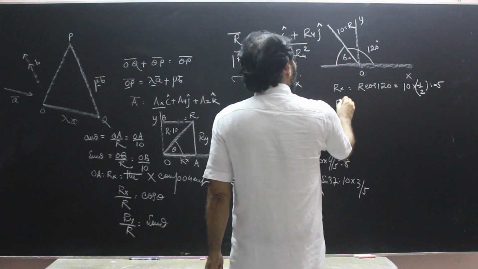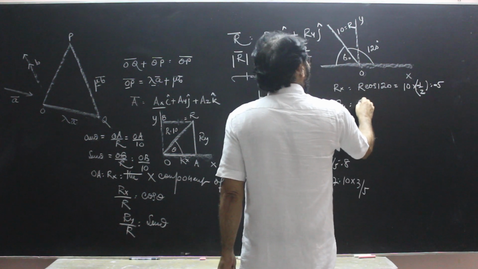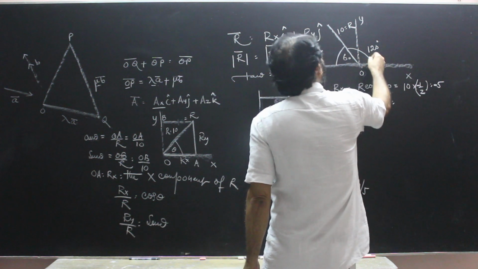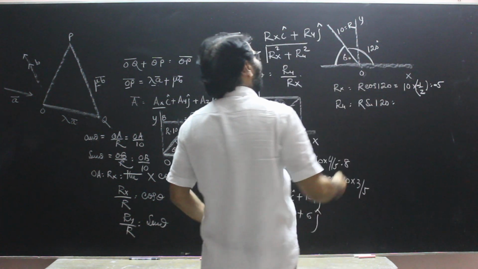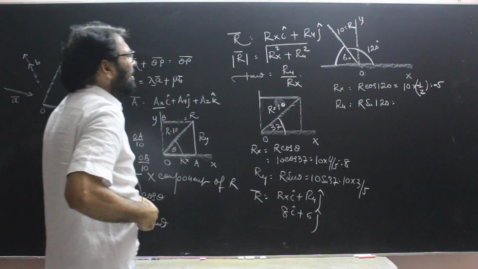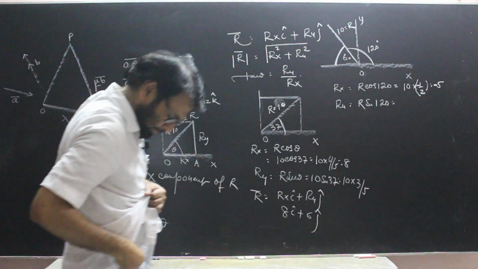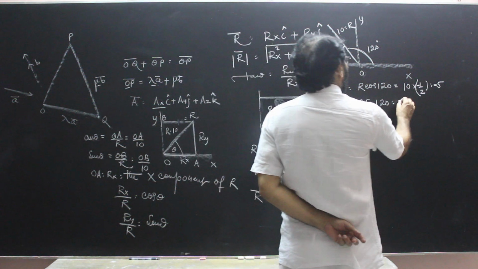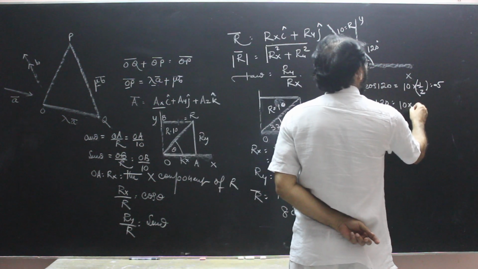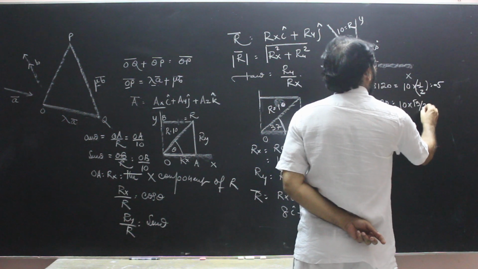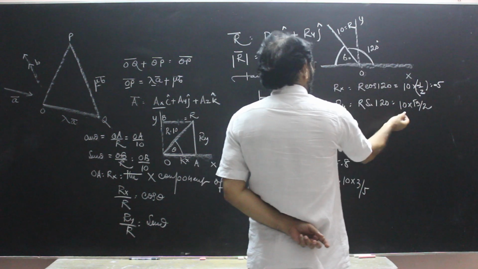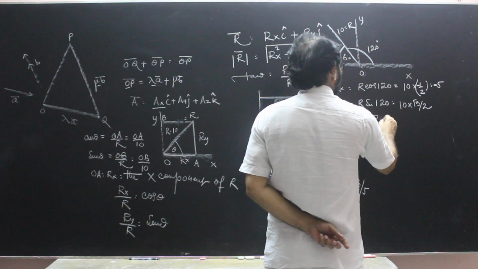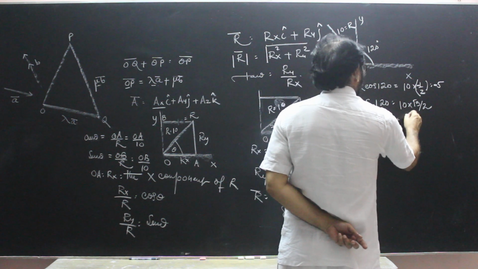And Ry is R sin 120. This 120 is 60 in second quadrant, and of course it is 10 and sin 60 is root 3 by 2. So R is of course Rxi plus Ryj.